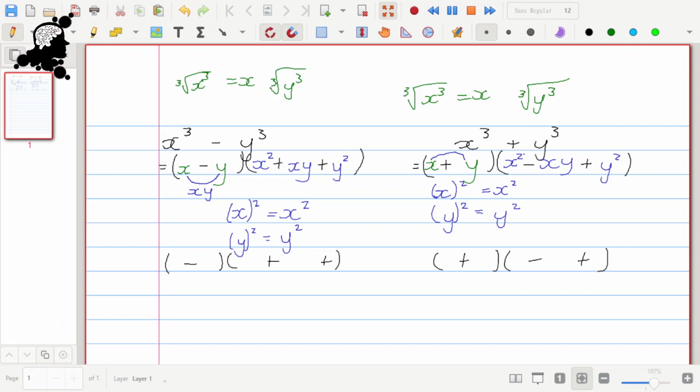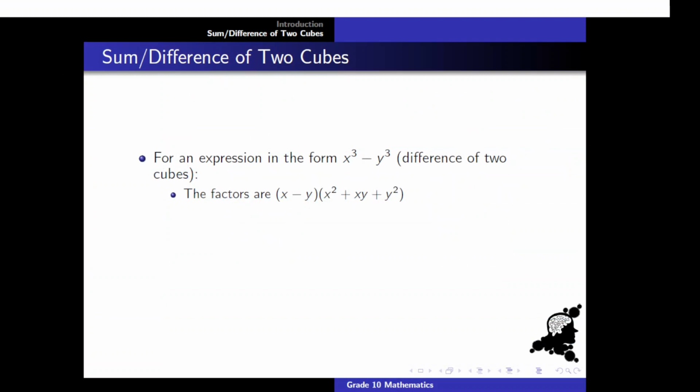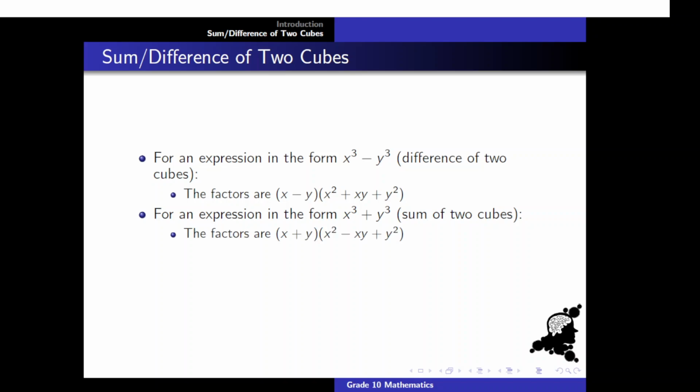Perfect. Let's go back to our notes and let us look at the rest of the content. So we've already factorized our difference of two cubes. We've factorized our sum of two cubes in the working just now. Now notice we have said that the order of the signs is important. As I said to you again, if it's a difference of two cubes, you're always going to have minus, plus, plus.